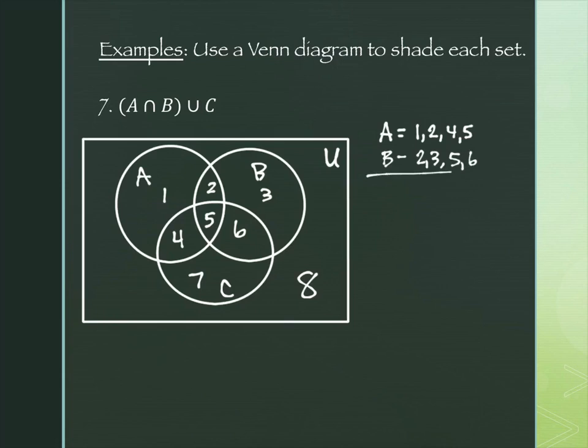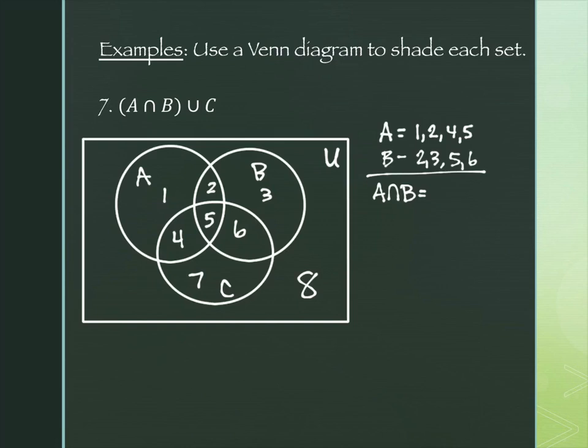Now, that's the two individual pieces within the parentheses. Now we join them together with what symbol? The upside down U. What does it mean? Intersection. What is intersection? What's an intersection of streets?